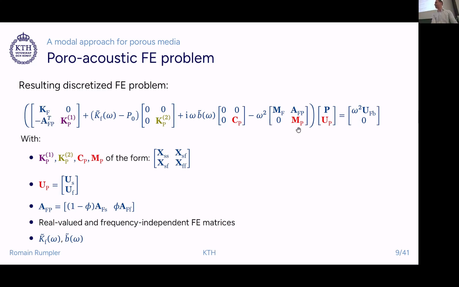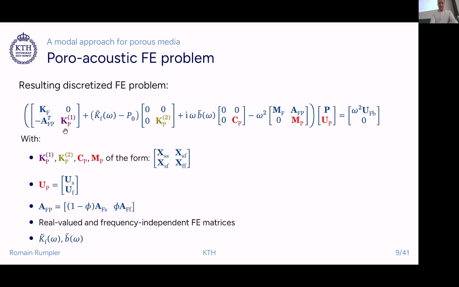This mass matrix we just took at the end as being frequency independent in this case for the poroelastic materials. And we have here in the middle two intermediate matrices, one associated with the viscous term and the other one with the higher frequency part of the stiffness matrix.